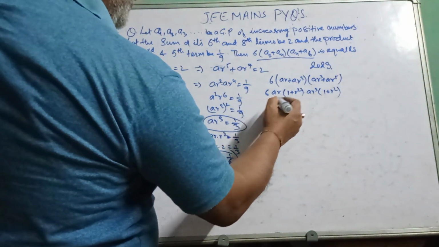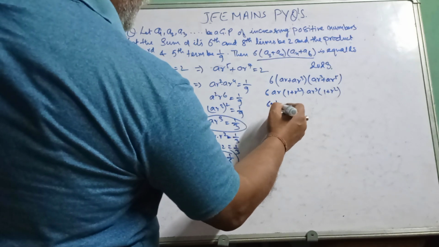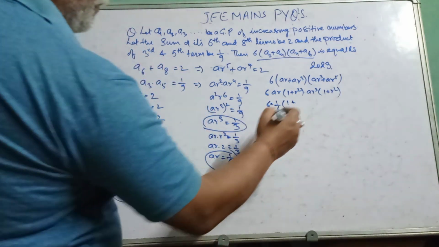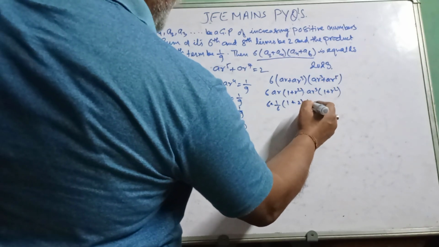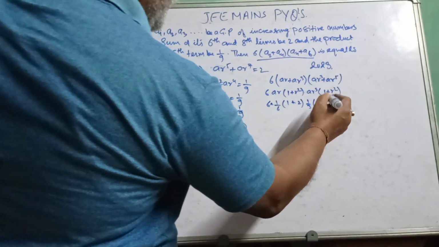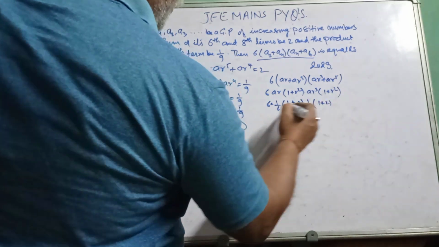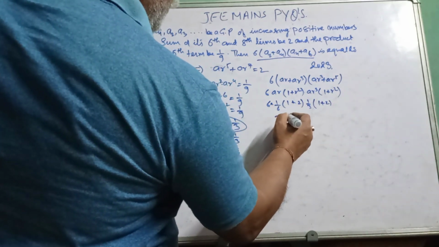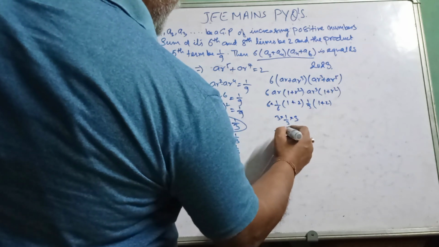Now you know the value of everything: 6 into 1 by 6, 1 plus R square value is 2, AR cube its value is 1 by 3, and 1 plus R square is 2. So this is 3 into 1 by 3 into 3. So your answer is 3.